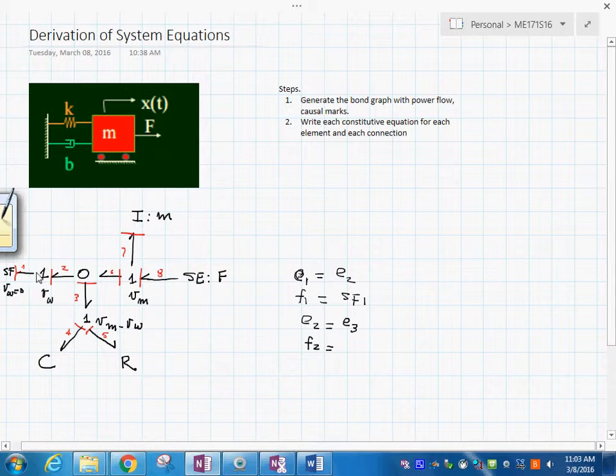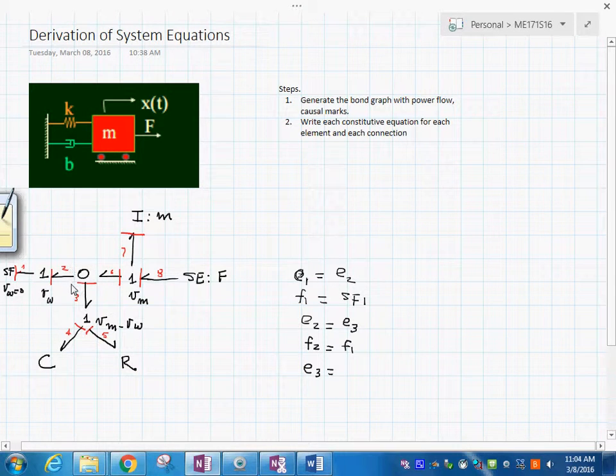What is E sub 3? See, we are following this causality. E sub 3 is determined by the summation of these two.